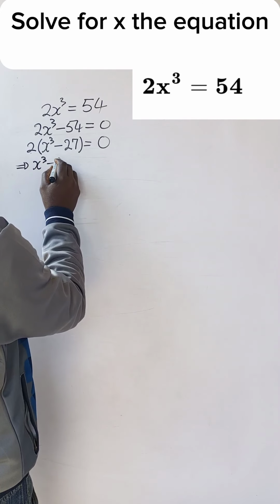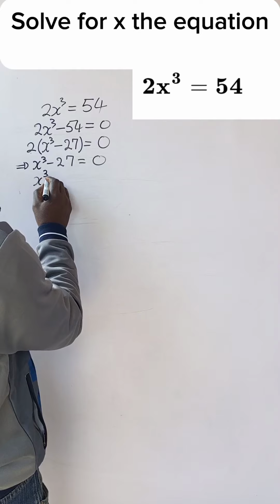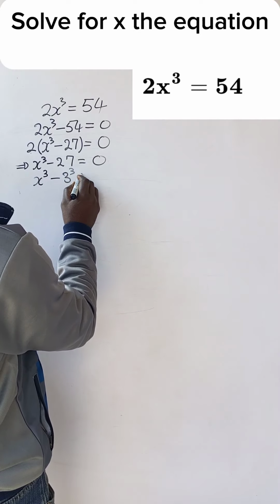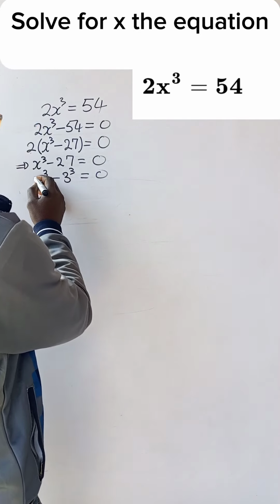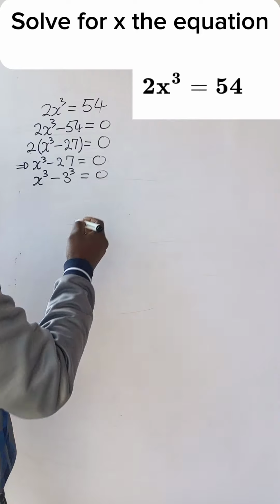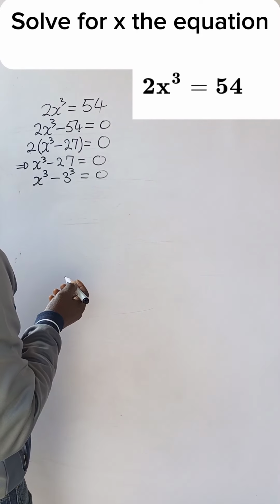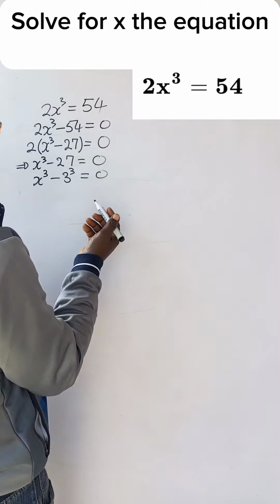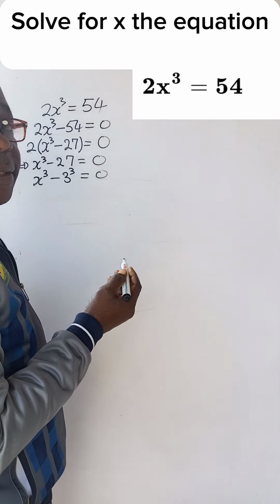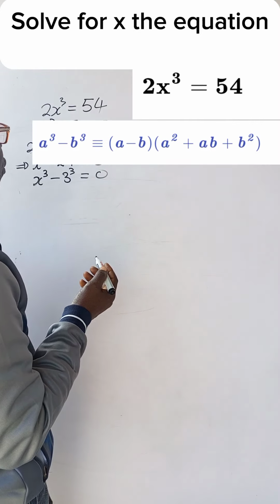Now, if we look carefully, we'll see that 27 is 3 cubed. So we'll end up having a difference of 2 cubes: x cubed minus 3 cubed. Now, to be able to proceed, we have to use the identity of difference of cubes.